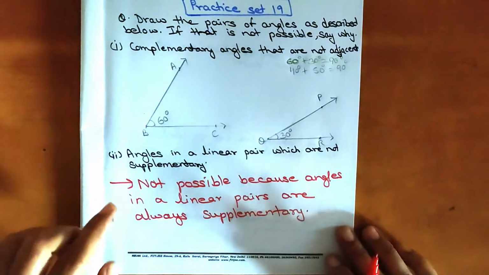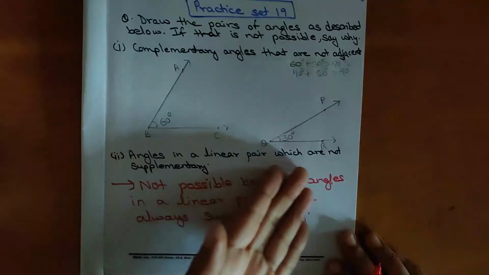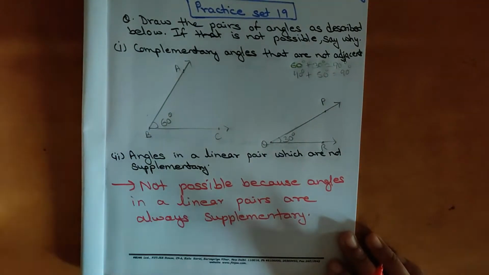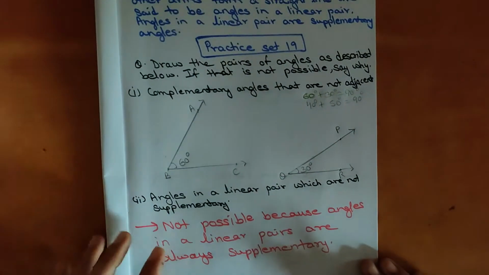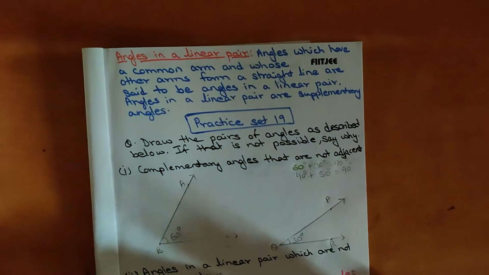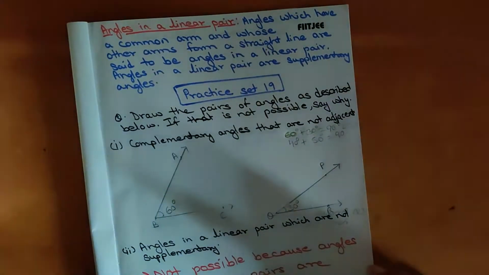Supplementary means 180°. So they are saying angles in a linear pair which are not supplementary, but the definition itself says that angles in a linear pair are always what? Supplementary. So it is not possible like that.